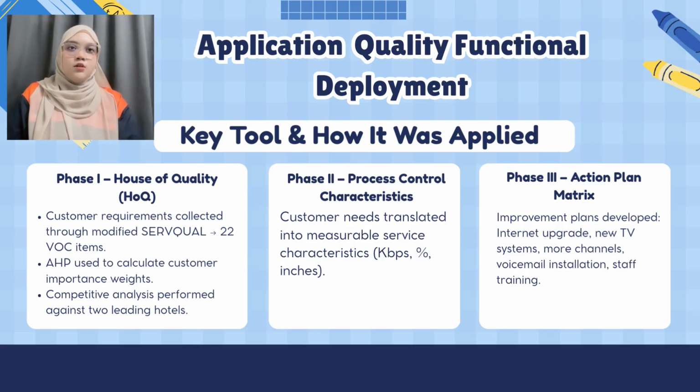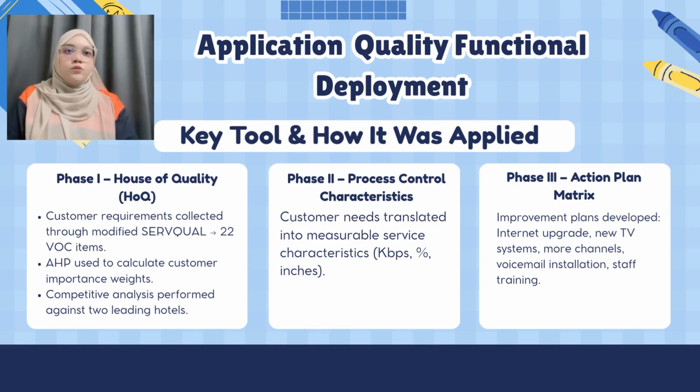Second, these needs were converted into measurable service characteristics. Finally, an action plan was created, including internet upgrade, new TV system, more service channels, voicemail installation, and staff training.